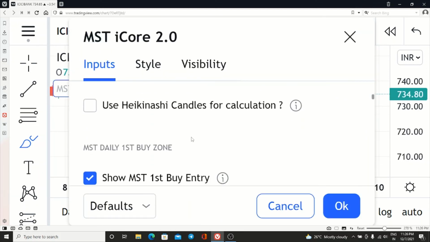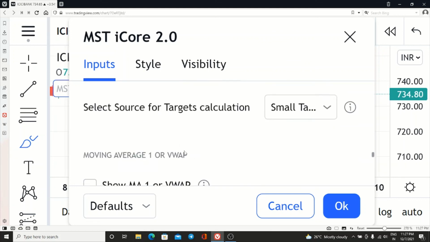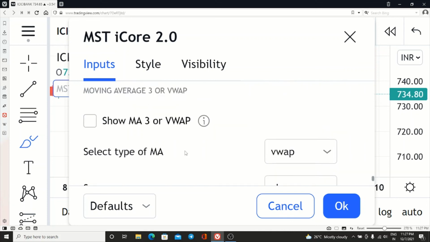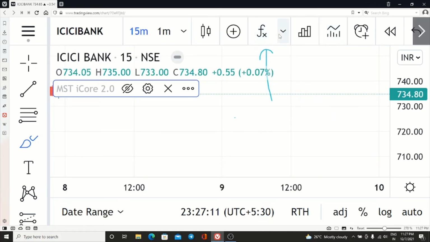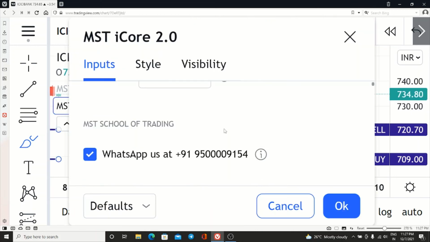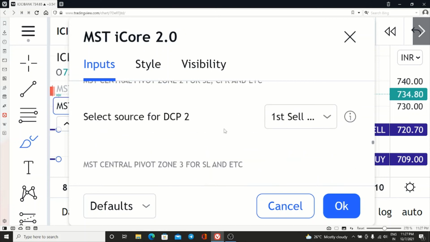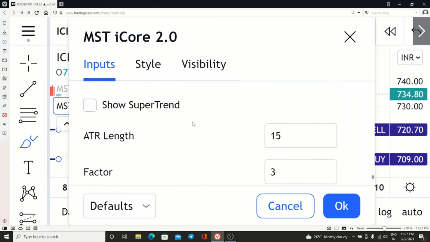Both are the same. Only this one line is different in 2.0. In 3.0, we have removed this separate SL and we have added some extra features. This is 2.0, right? I will add and show you 3.0. In 3.0 we have added volume candle and super trend.